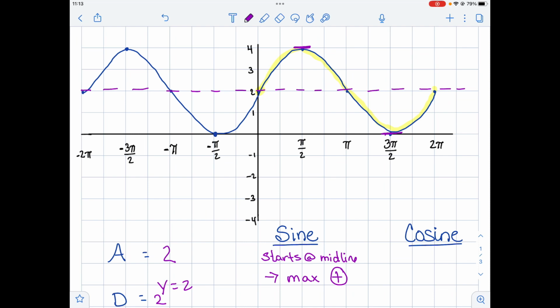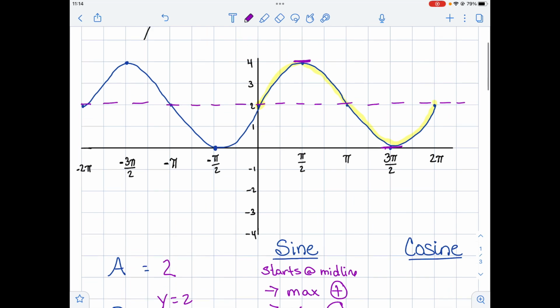If we start at the midline and start going towards the bottom, moving towards the min, that means it would be a negative. Cosine, if it starts at the max, is positive; if it starts at the max and moves towards the min, it is negative. Always, sine starts at the midline, and then you think about where it is moving towards first. If it's going up, it's positive. If it's moving down first, it's negative.